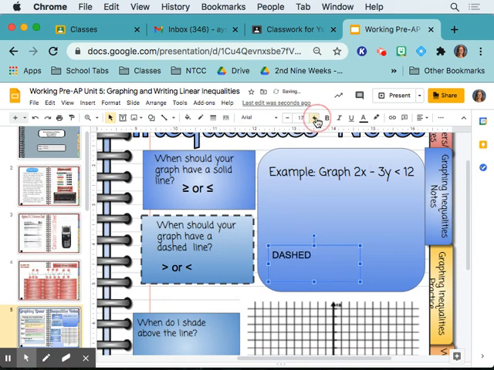So we know for sure it's dashed, but that's all we know right now. So what do we need to do with this equation in order to graph it? Yeah, we need to solve it. So we are on slide 5. Go ahead and write this down in your composition book.